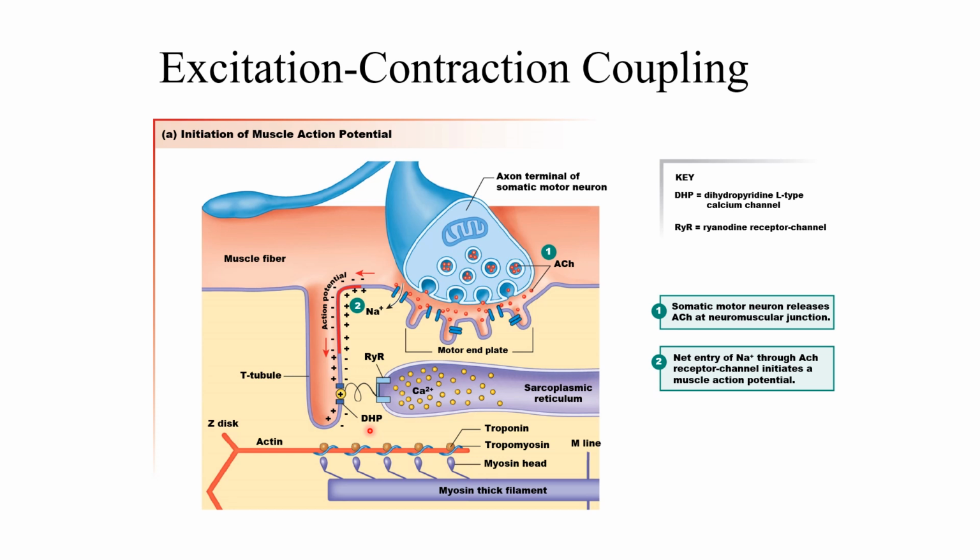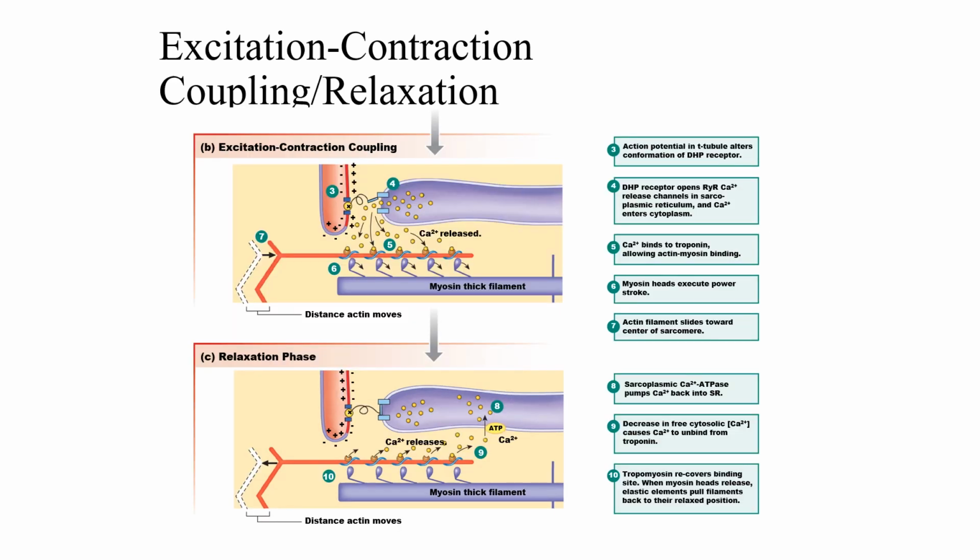If those receptors are pulled open, what's going to happen? Calcium is going to start flooding the inside of your muscle cells. So we can see right here, those ryanodine receptors, notice how they opened up. Once they open up, calcium rushes out.